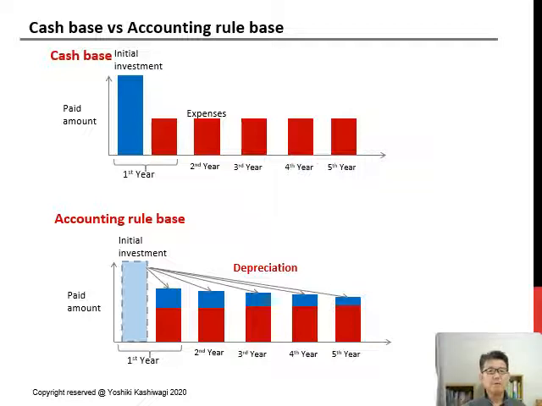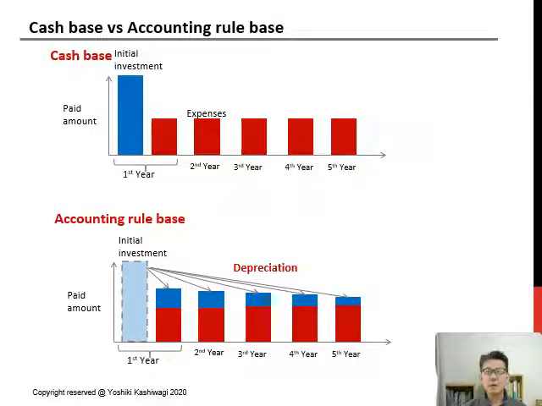Let's think about you buy a new manufacturing machine. The bar shows the amount you paid as an investment to buy the machine. But you do not recognize this whole amount as an expense in the year you pay, that is the first year in this case.